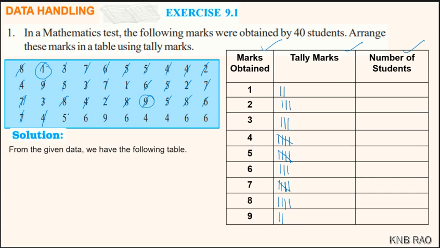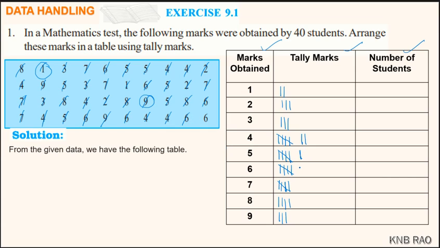So, I crossed it as 5. So, this is a sixth boy, which I am drawing apart from that bunch. 6, this is the fourth boy who is getting 6 marks. 9, this is the third boy who is getting 9 marks. 6, he is the fifth boy who is getting 6 marks. 4 is the sixth boy. 4, seventh boy.